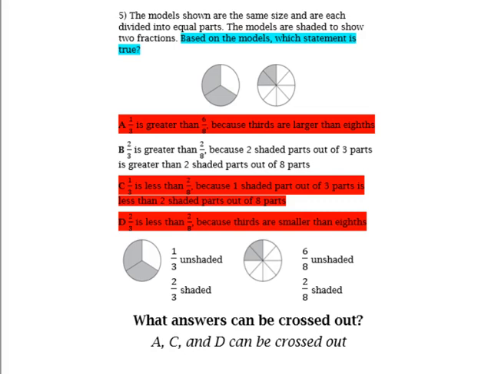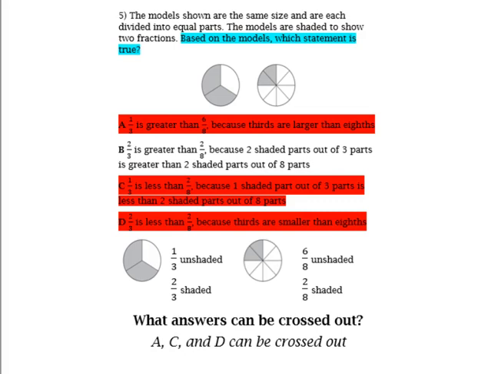Okay. C, 1/3, which is the unshaded part, is less than 2/8, which is the shaded part on the right-hand side. So in comparing those, the unshaded part on the left and the shaded part on the right, no, actually 1/3 is not less than 2/8. So that is incorrect as well.